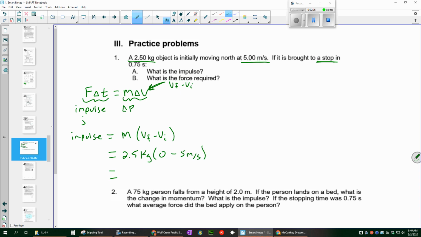So we get an impulse of negative 12.5, and then the units for impulse? Newton-seconds, not per. So Newton-seconds, or kilograms times meters per second. They're actually equivalent. They break down into the same units anyway. So that's your impulse.